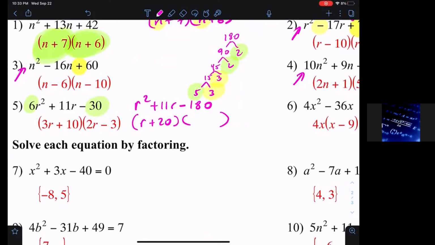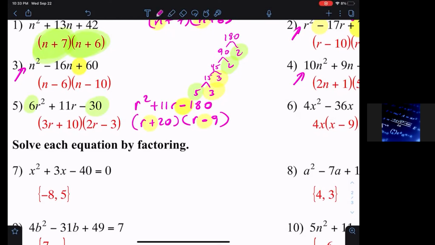And if you combine those numbers, 20 and negative 9 gives you positive 11, right? So that's going to be r minus 9. When this sign is negative, the signs in the parentheses are going to be different. So 20 times negative 9 is negative 180, and then you can combine like terms, right?